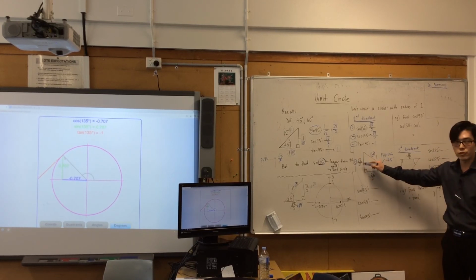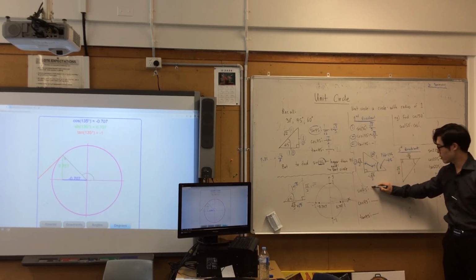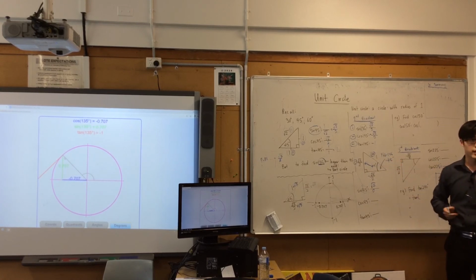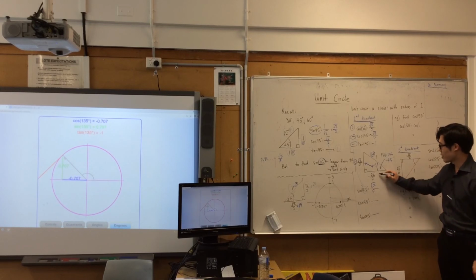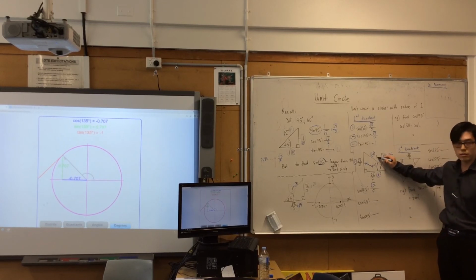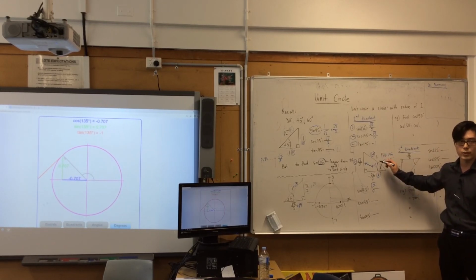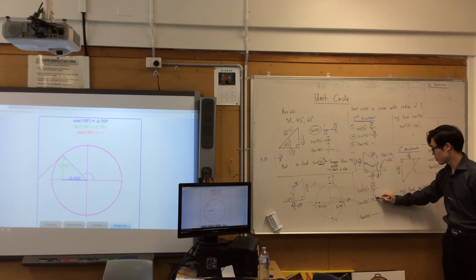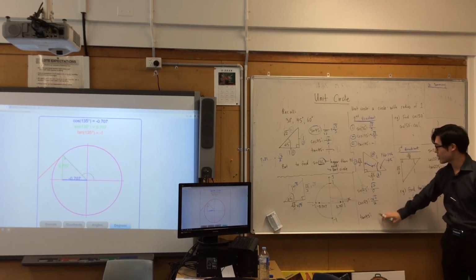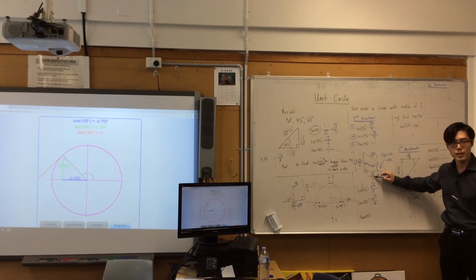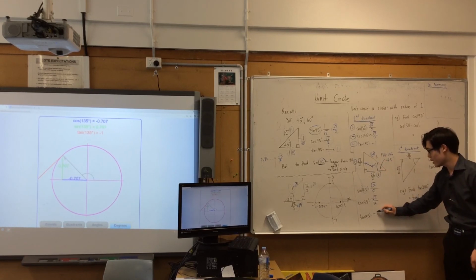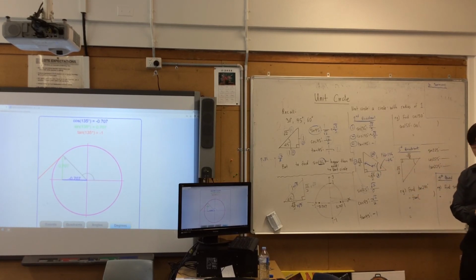So that's root 2 over 2 divided by 1, which is root 2 over 2. How about cosine? Adjacent over hypotenuse, that's minus root 2 over 2 divided by 1. And tan is opposite over adjacent, that's that divided by that, minus 1. So girls, that's how you calculate exact values with angles bigger than 90.